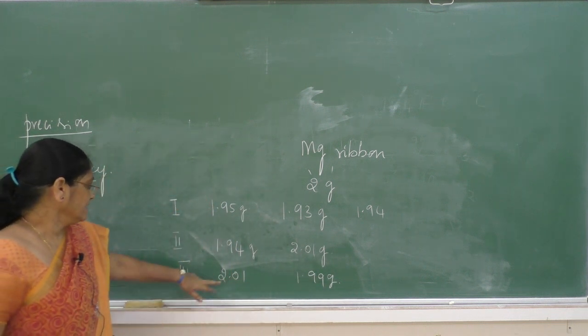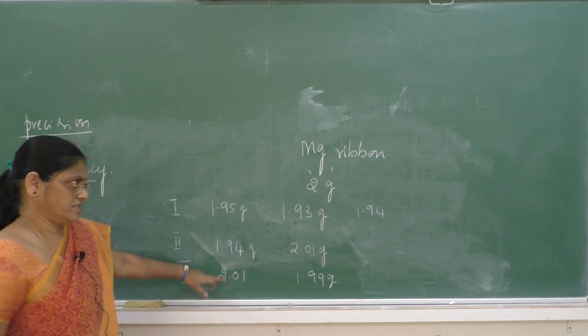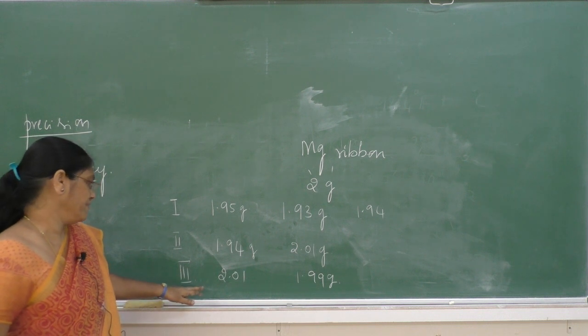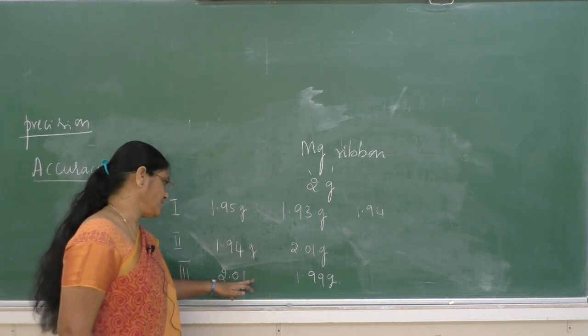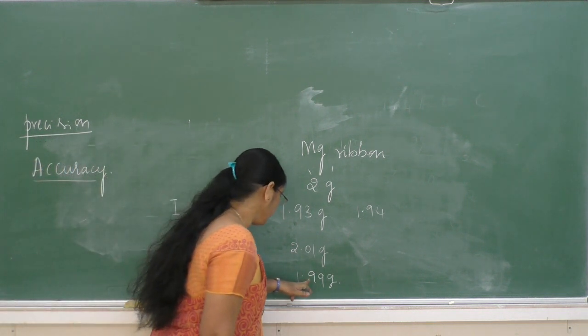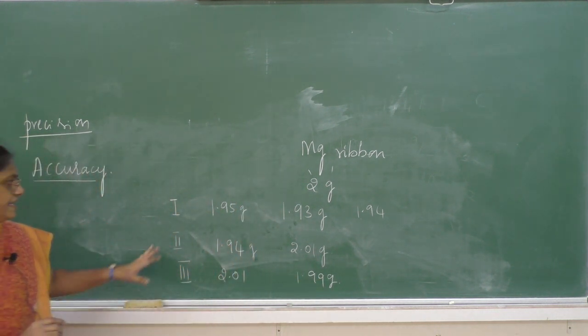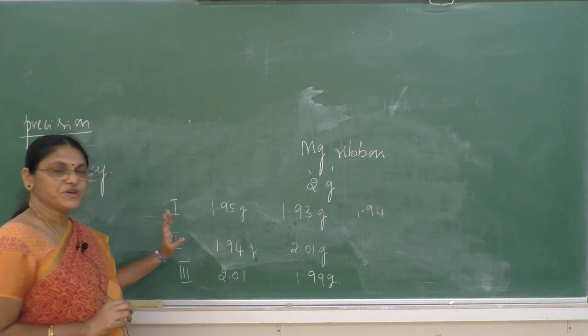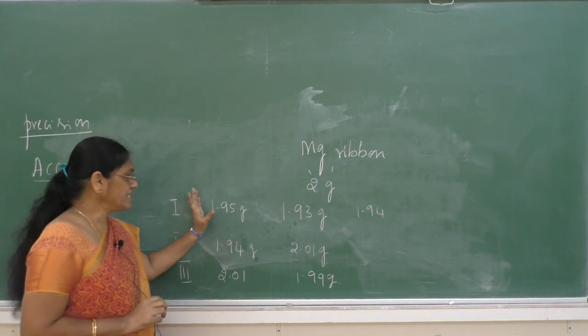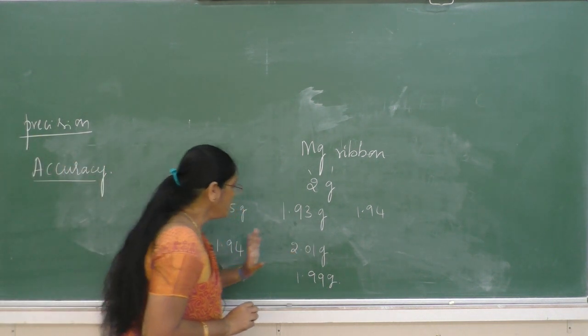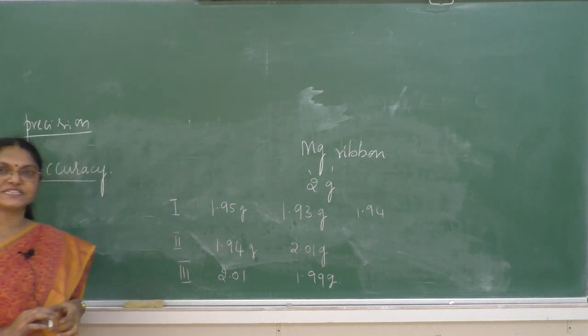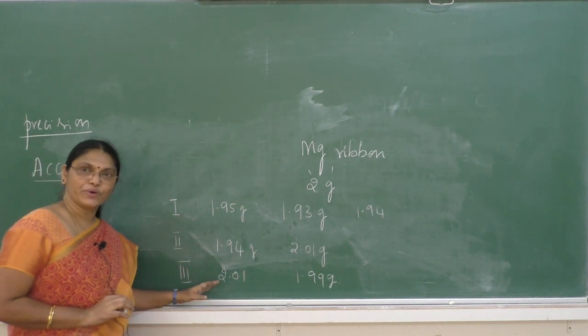The third student measures 2.01 and 1.99 grams. Now tell me, which measurements are precise and which measurements are accurate?